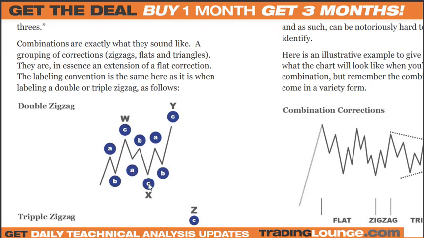And then we've got the 3 wave for the X wave here, and then an A and a B and a C for the wave Y here. So they're really part of the flat correction, but they're an extension of the flat correction within all of this. So that's probably sort of where we are within all of this.